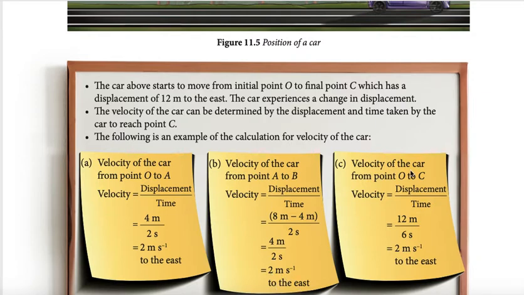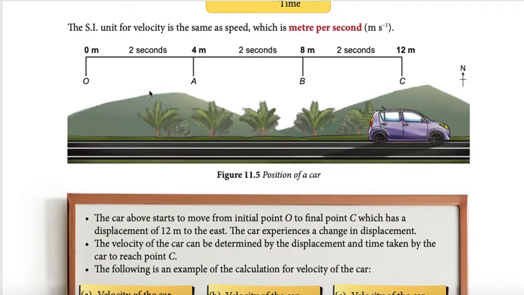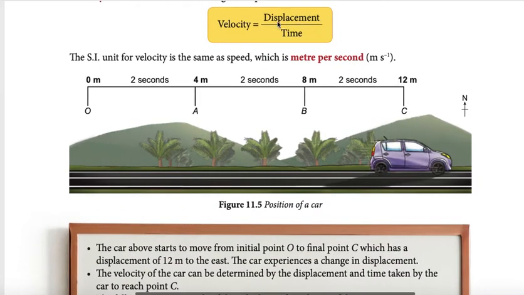C. Velocity of the car from point O to C. So here from point O to C. First, we need to determine the displacement. Okay. So in order to get displacement, we need to minus the displacement at point C with the displacement at point O. It is because the displacement at point O is 0 meter.